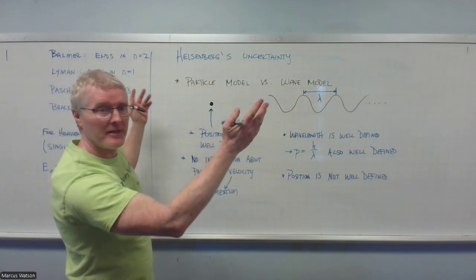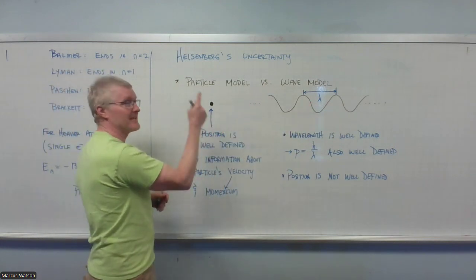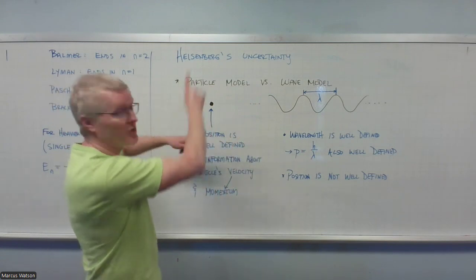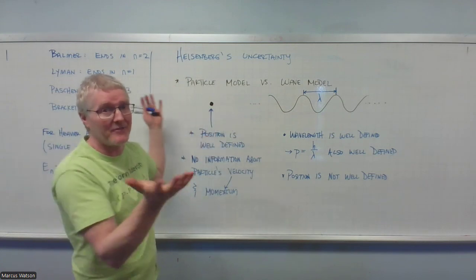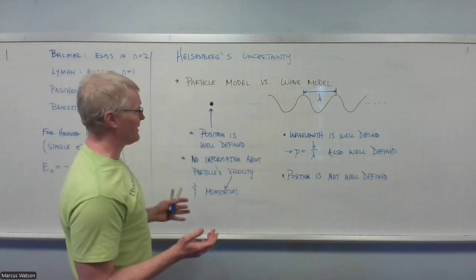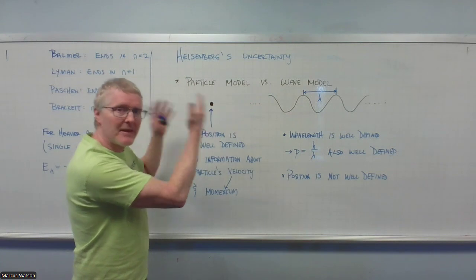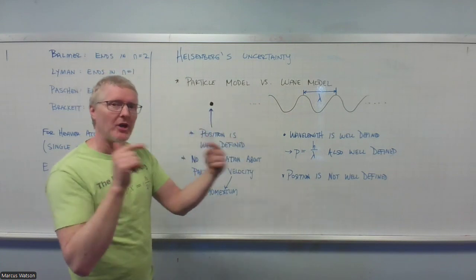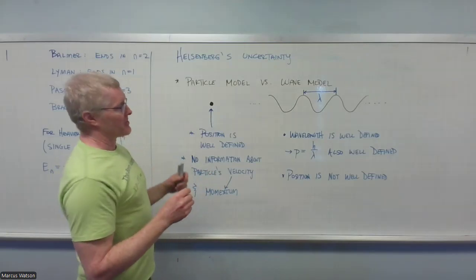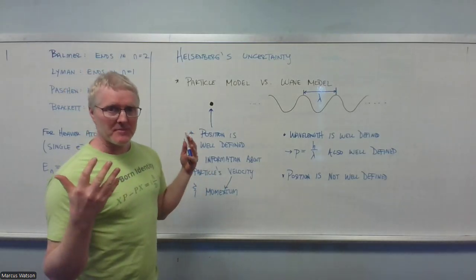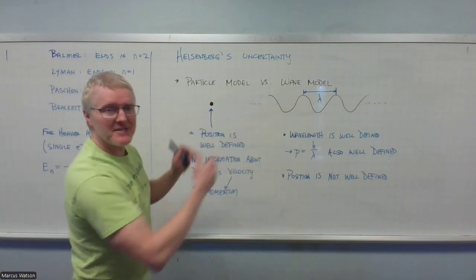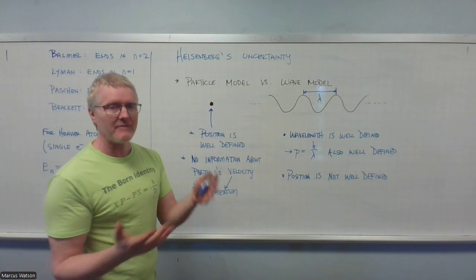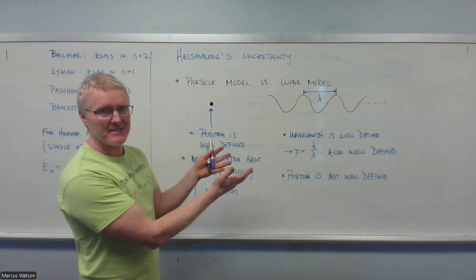If I say the position of this thing is here, great, what's the momentum of it? I'd have to say it's plus or minus infinity, because it could be going any direction with any speed, and I have no idea. Okay? So this leads to a fundamental uncertainty, because these two models are completely at odds with each other. So if a situation comes along that has to use both of these things, now we have limits on our understanding of how we can measure these things.